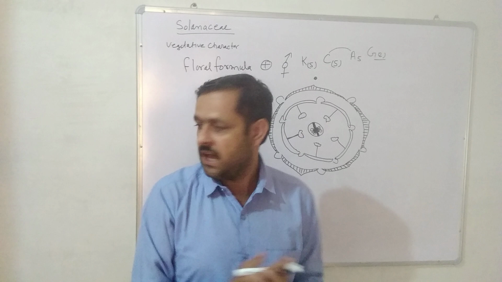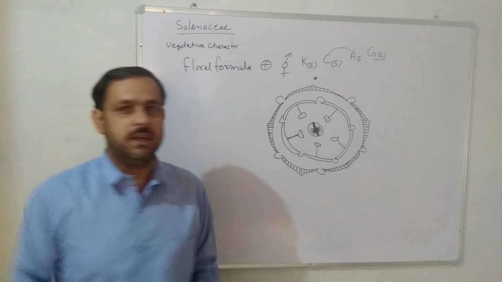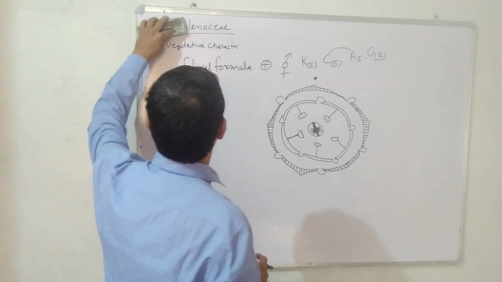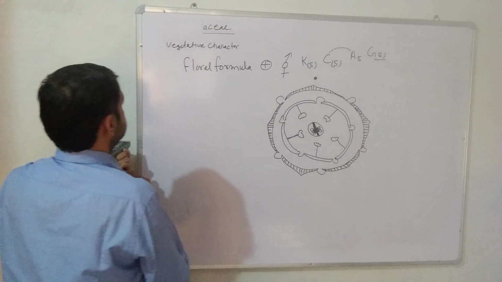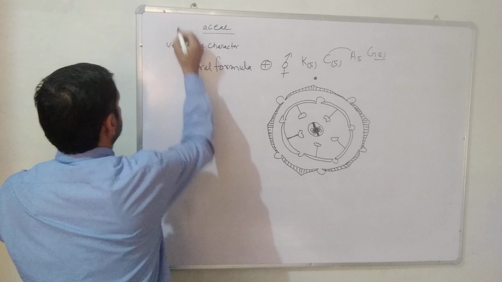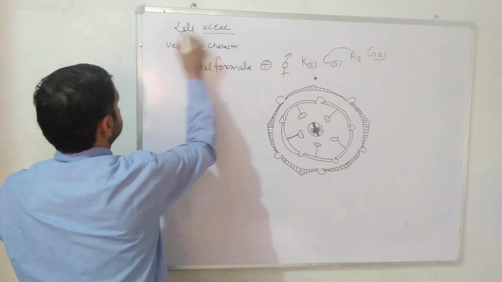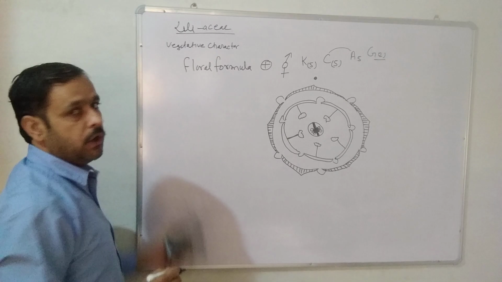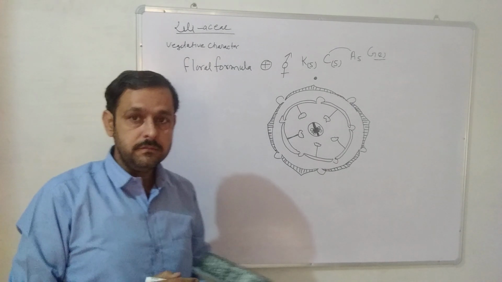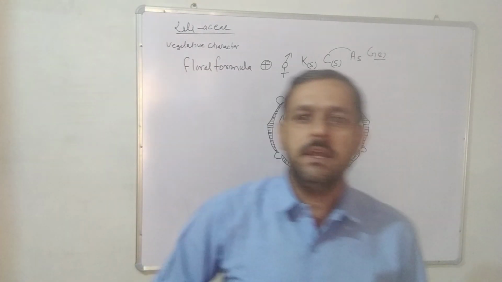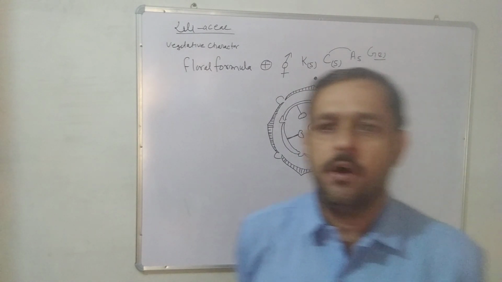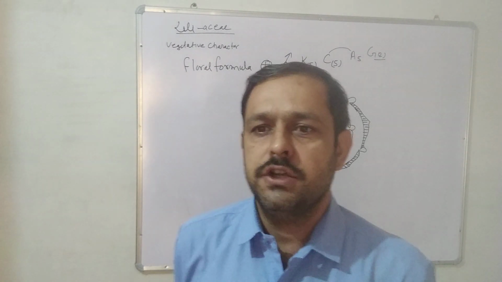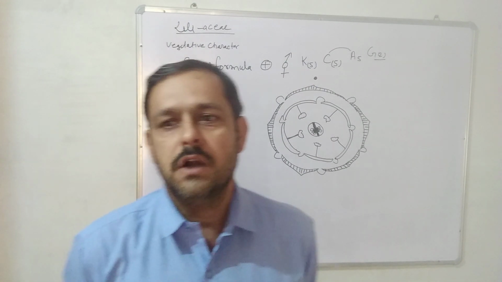Now our last topic of this chapter is the family Liliaceae. Liliaceae is a monocotyledon family, commonly called the lily family, representative of monocotyledon plants. It is distributed worldwide.